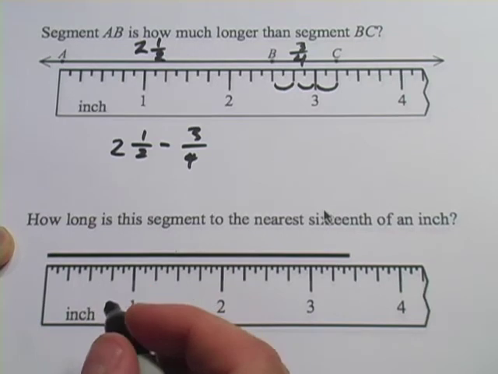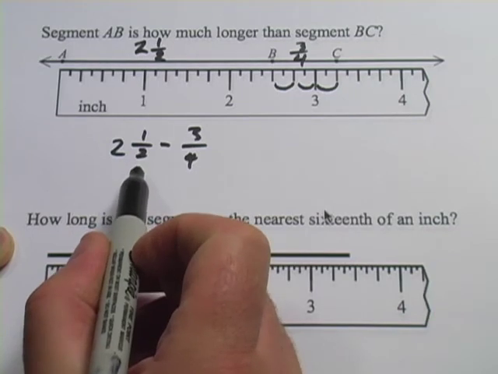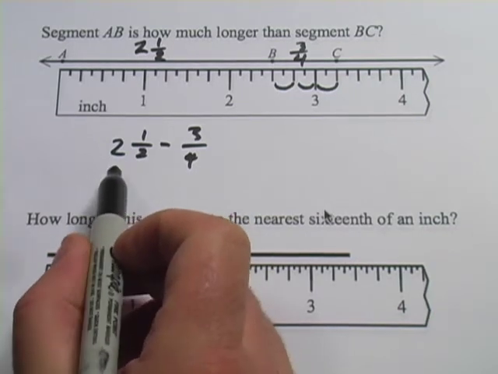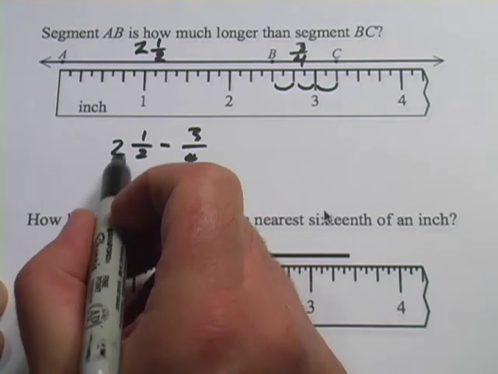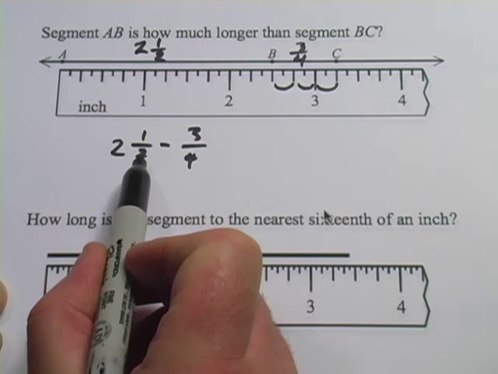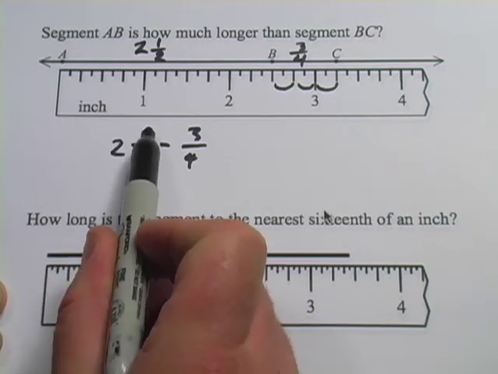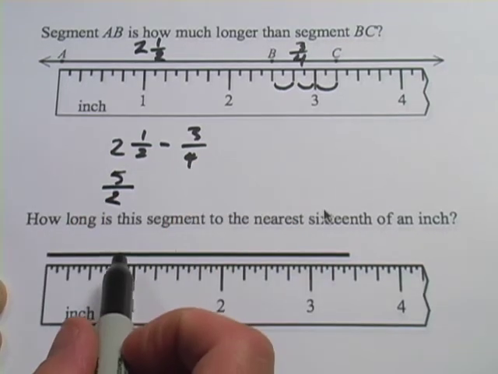And so we've got a problem where we're subtracting fractions, and if you remember from learning how to do this, you need to make the denominators the same. And I've got a mixed numeral here, so it's a little bit complicated. To put this 2 into fraction form, I would take this 2 multiplied by that 2. 2 times 2 is 4, and add it up here. So 2 1/2 is the same thing as 5/2.